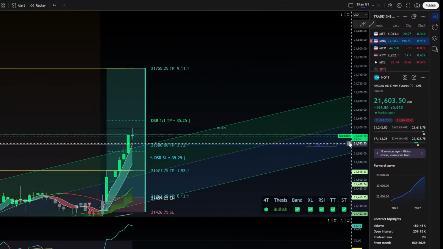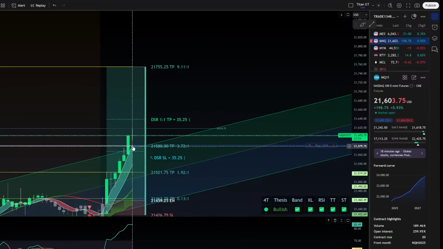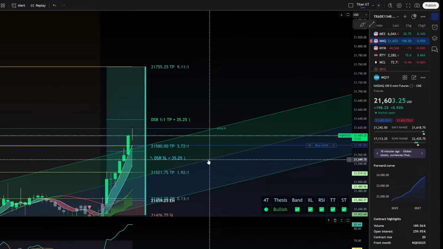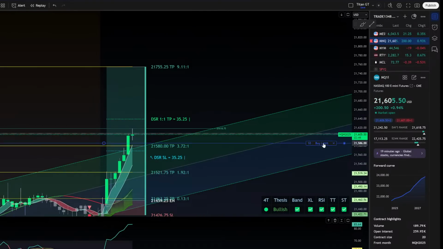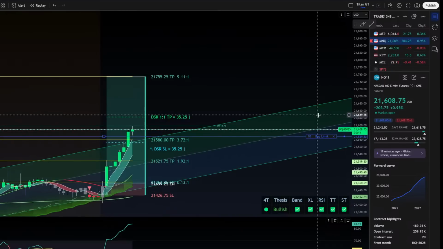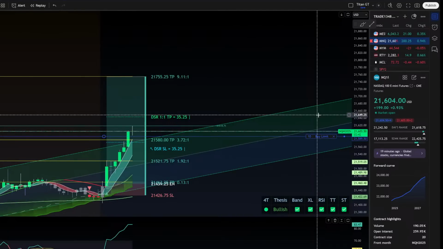And what I'm going to do is trail this on top of the band. As the band is developing, moving on up, I'm going to trail this on top of the band. That's what I'm going to do here. Who knows? It may never come down. It may never fill me and just keep on running on up. And that's fine. I'm okay with it.